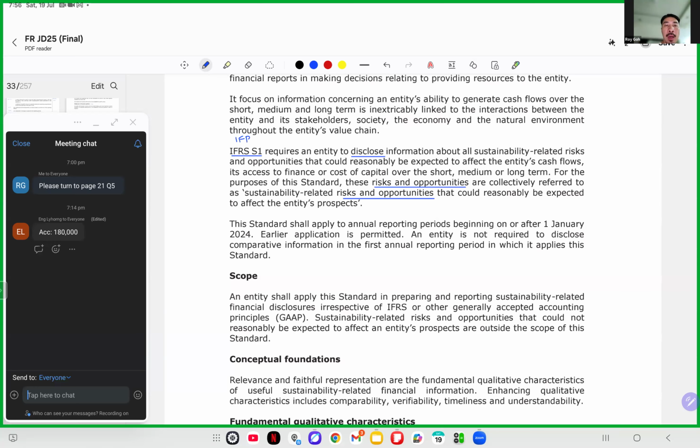IFRS S1 shall disclose both good news, good news are called opportunities, as well as bad news. Bad news are called risks. Opportunities and risks. All right, that's what you do.